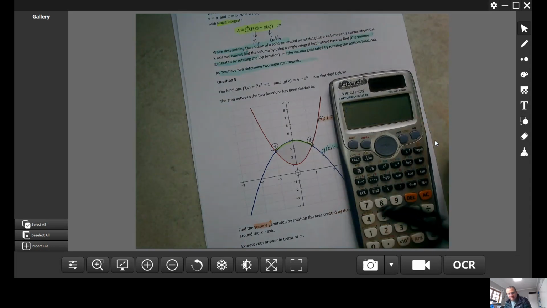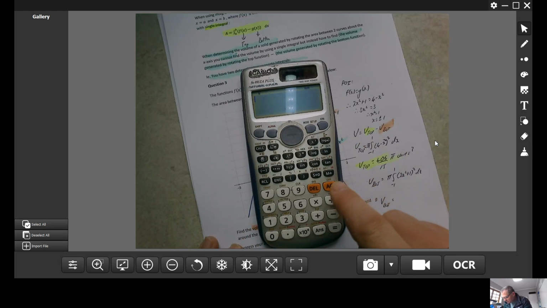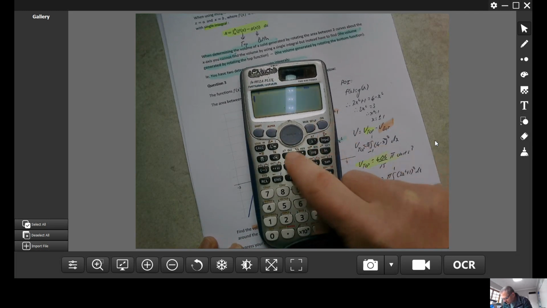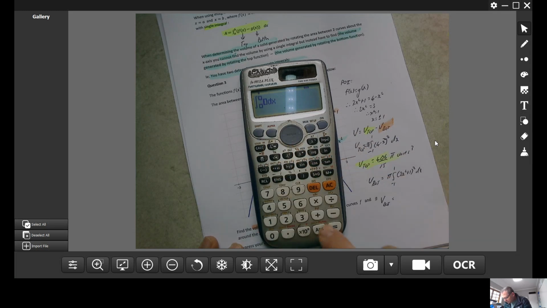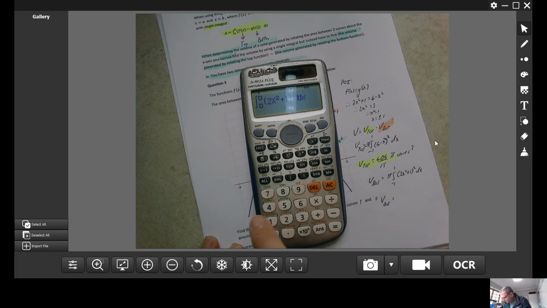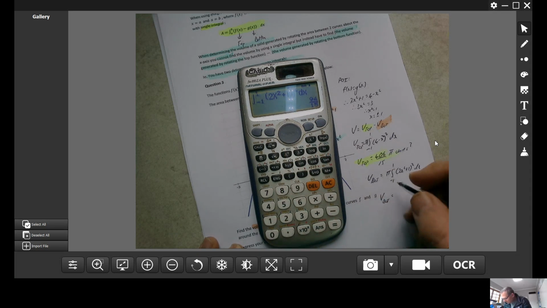So we've got the integral, let's not freak the calculator out. The integral between minus 1 and 1 of (2x squared plus 1) all squared, and don't forget that squared, equals, and you get 94 over 15 times pi.